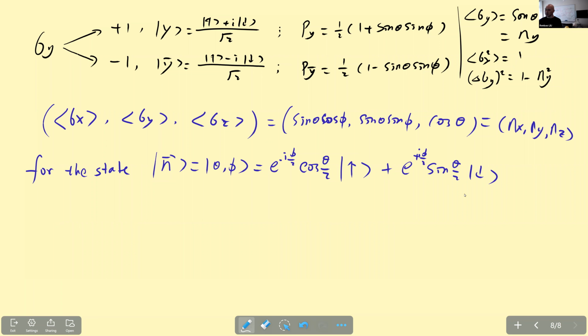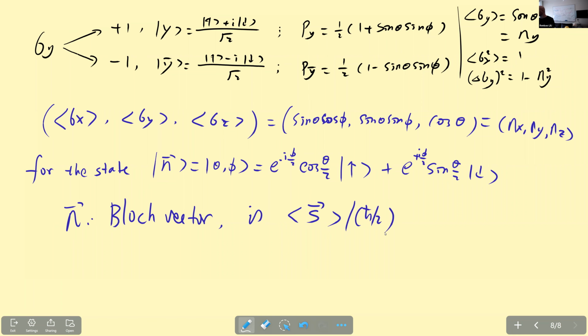Okay. So now this one has a meaning. This is the Bloch vector. It is just the spin average divided by, of course, h bar over 2, so that we make it unitless. So we call this the spin polarization.